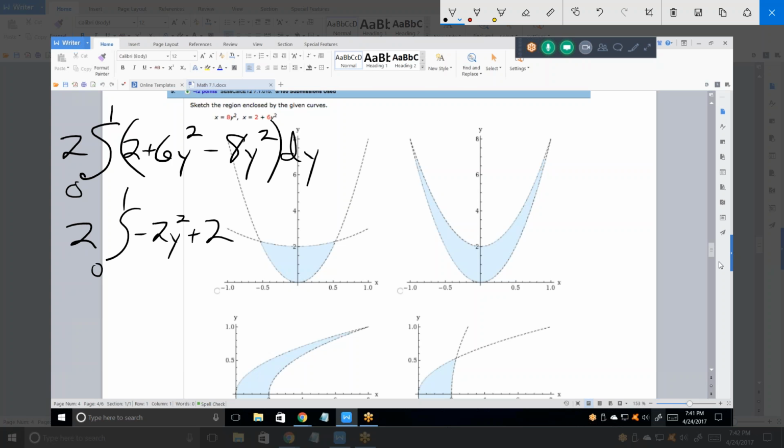So let's take that antiderivative. What do we get up here on the upper right? I'm going to write it. What's the antiderivative? Oh, it's negative 2y cubed over 3 plus 2y. And that is to be evaluated. Almost need a double set of parentheses here.